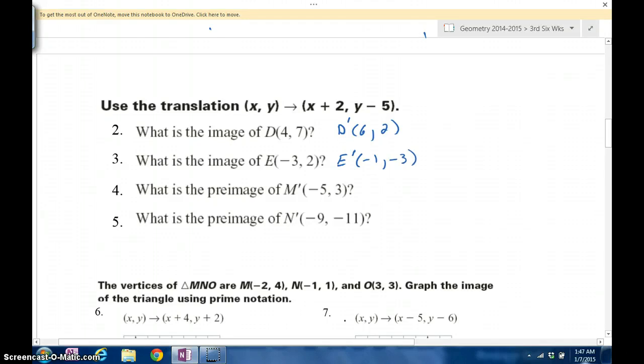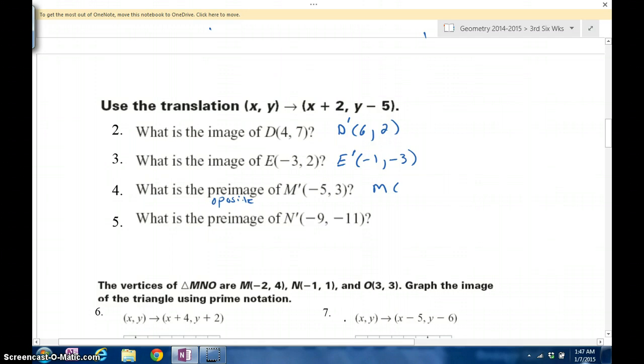Now, what is the pre-image? And they give us the image with the prime in here. So since it's a pre-image, we'll have capital M with no prime. And we basically take this rule and do it backwards, or opposite. That's probably a better word. Alright, so instead of x plus 2, we'll do x minus 2.